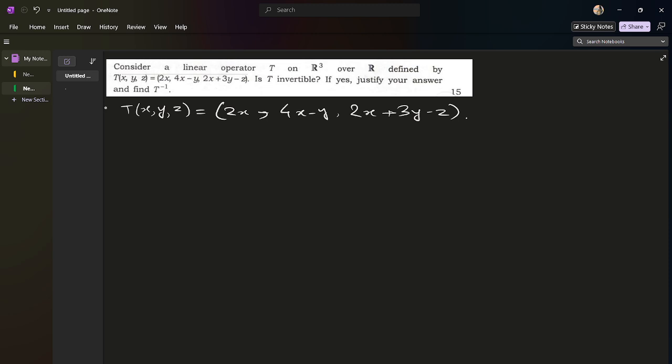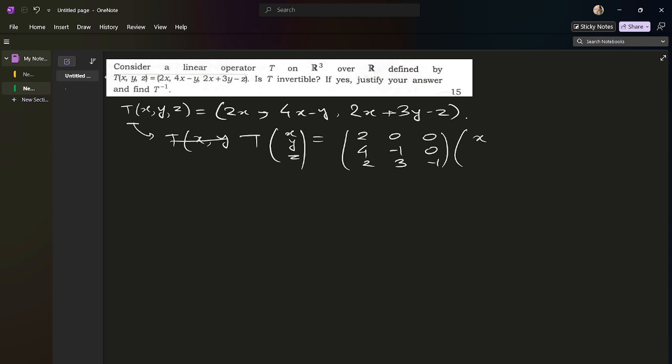For any vector (x,y,z), T(x,y,z) will be: firstly 2 0 0, then 4 minus 1 0, then 2 3 minus 1, times (x,y,z).